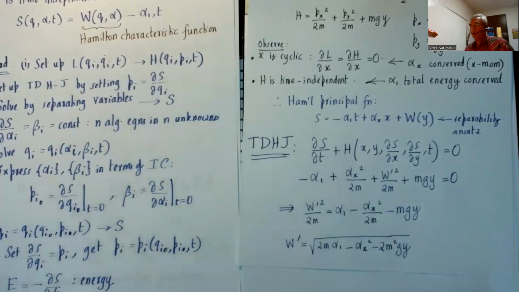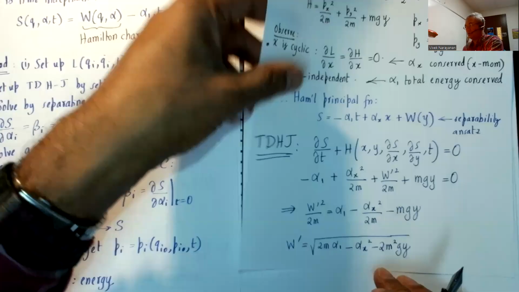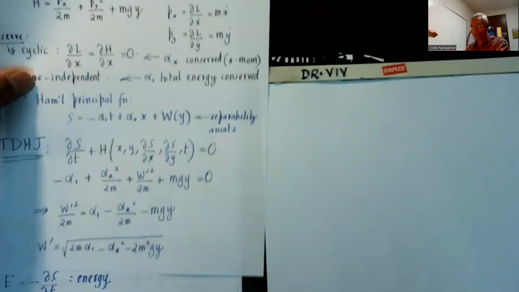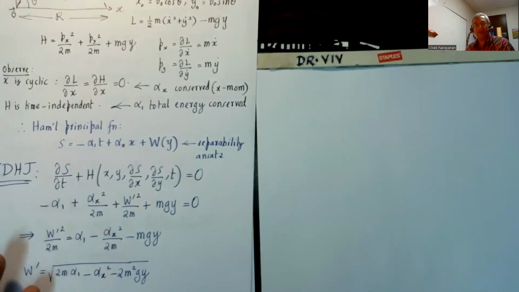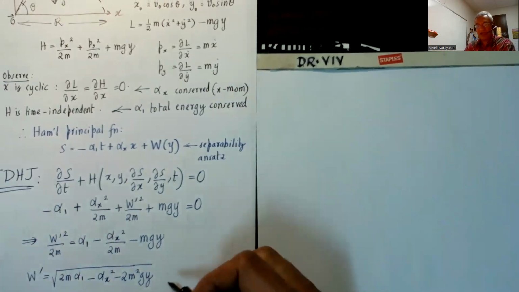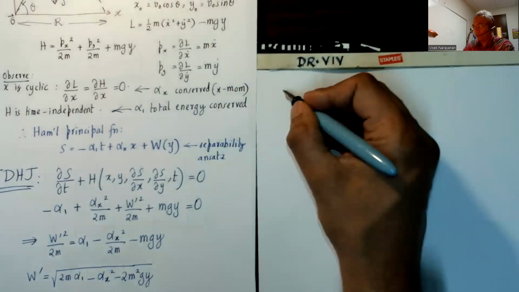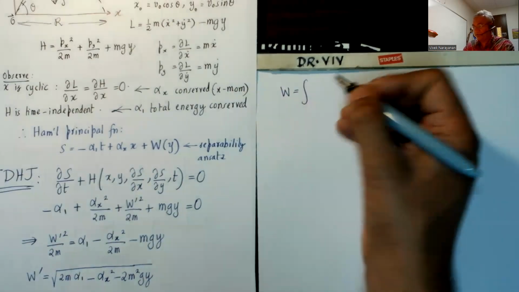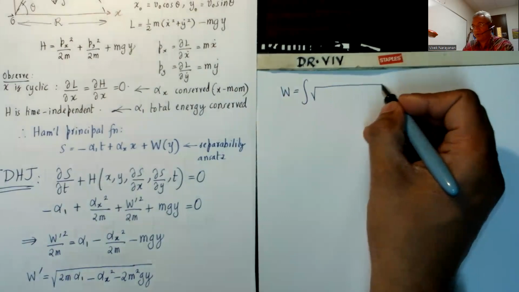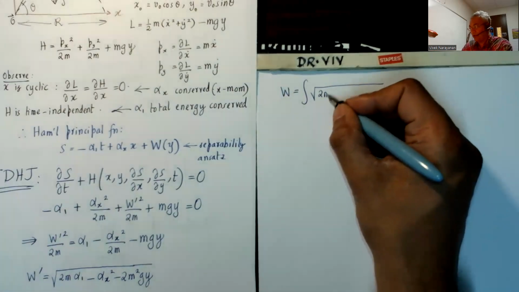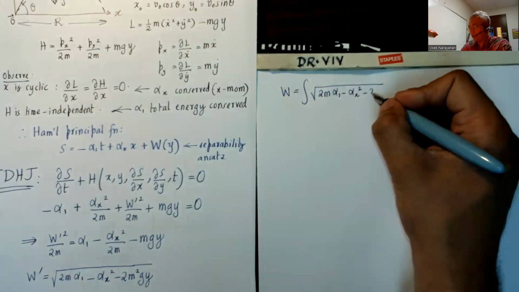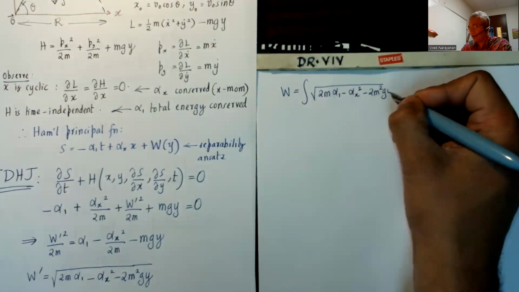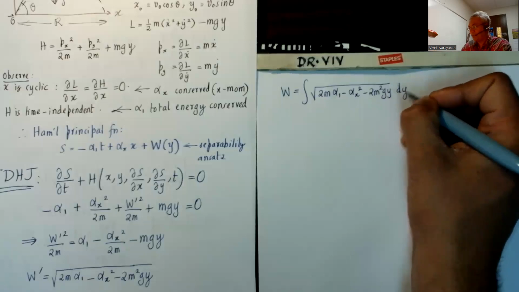Weird looking, but that can be integrated. So that's the next step. I'll integrate this. So carrying on this work here, I get W equals the integral of the square root of 2m alpha 1 minus alpha x squared minus 2m squared gy, dy.